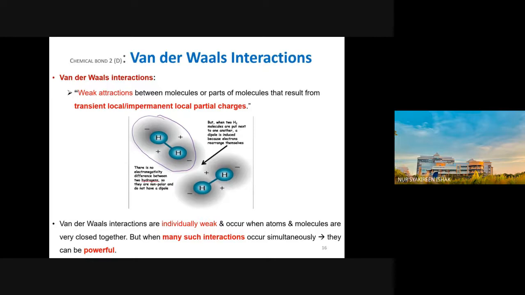When the electron cloud moves, you will induce partial charges to be formed, and these partial charges that are formed within the hydrogen molecule will cause van der Waals interactions.